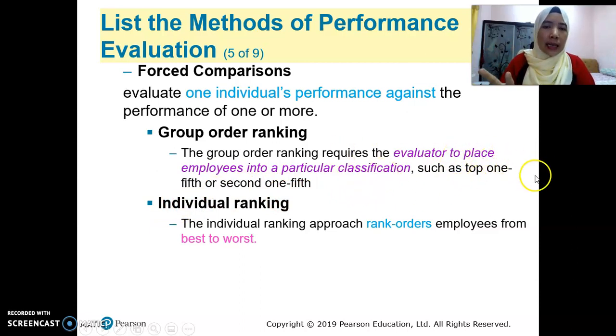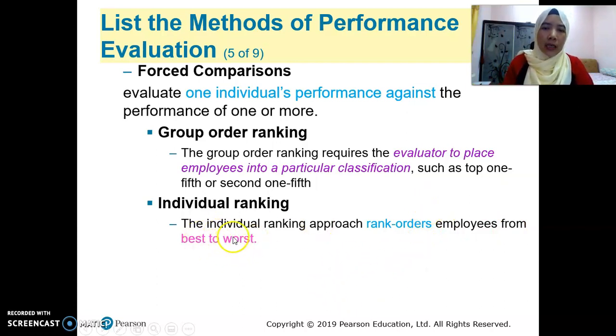So among the 5 employees, how are these specific employees ranked in terms of performance, from 1 to 5, whether first, third, or fifth among all the 5.